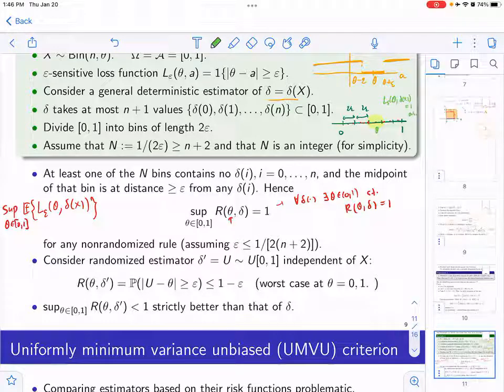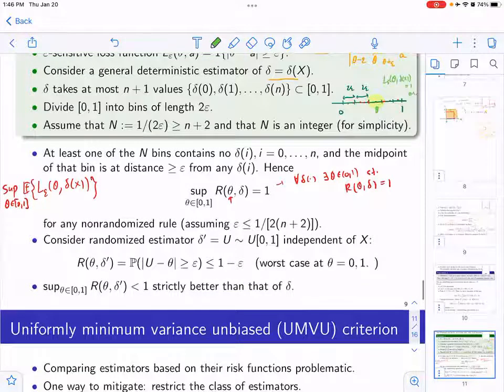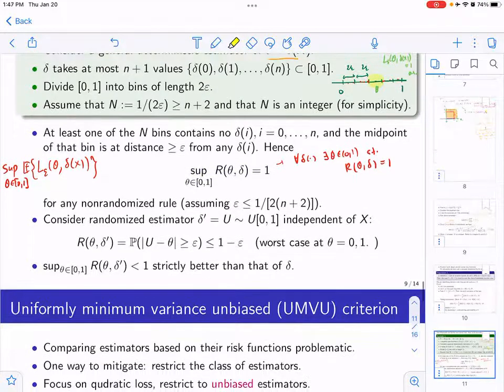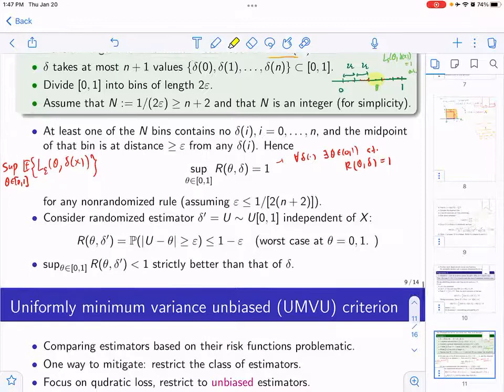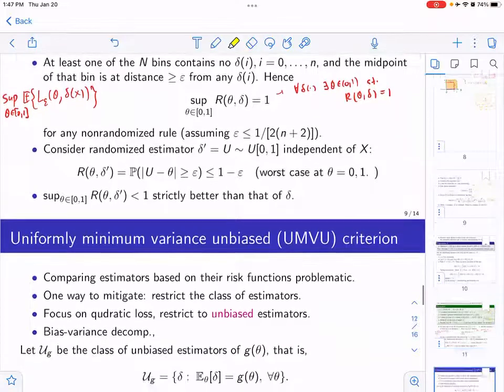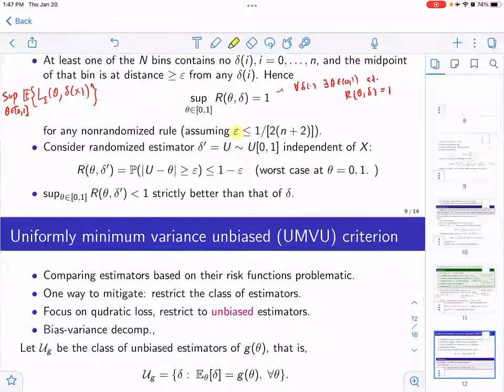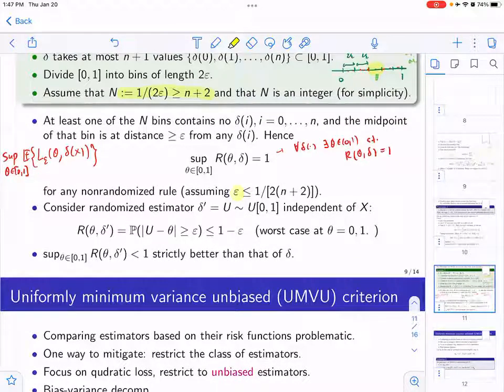And so there exists a theta such that this is 1, so the supremum is 1. So the maximum risk is 1 for any deterministic, non-randomized rule, for sufficiently small epsilon, so epsilon satisfying this.